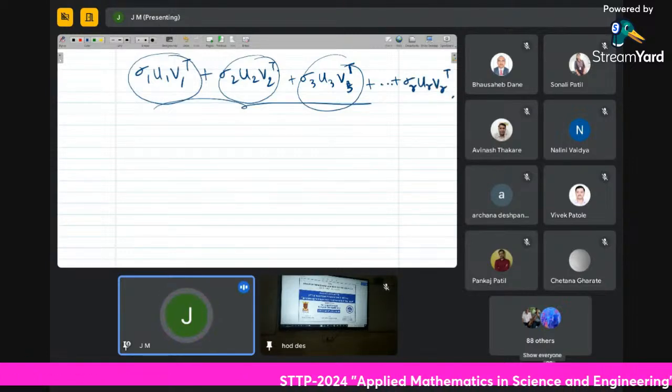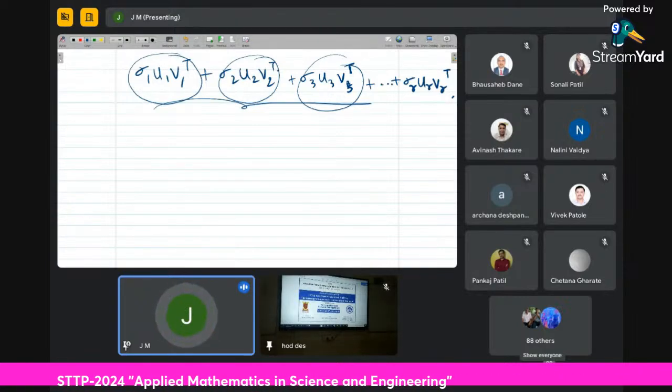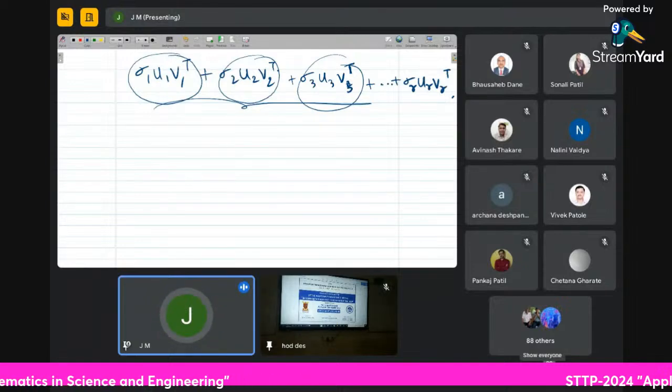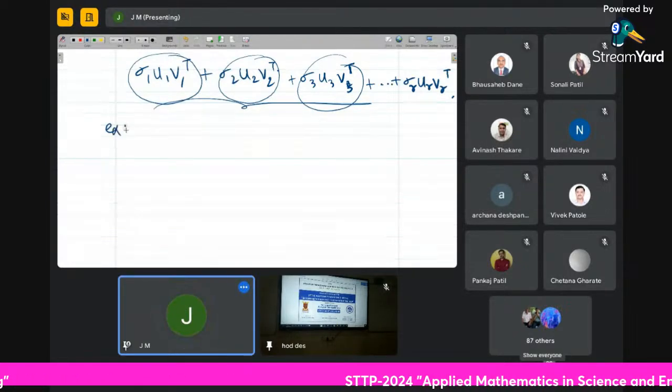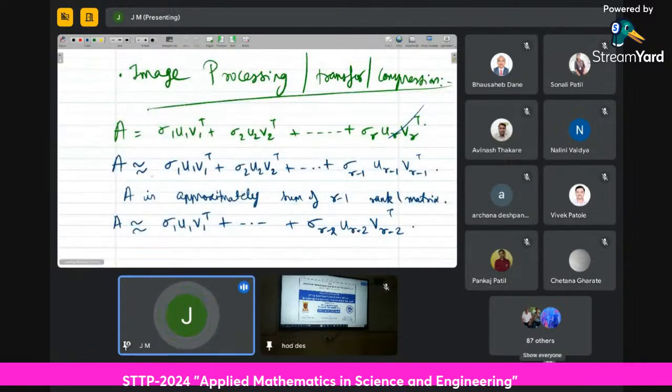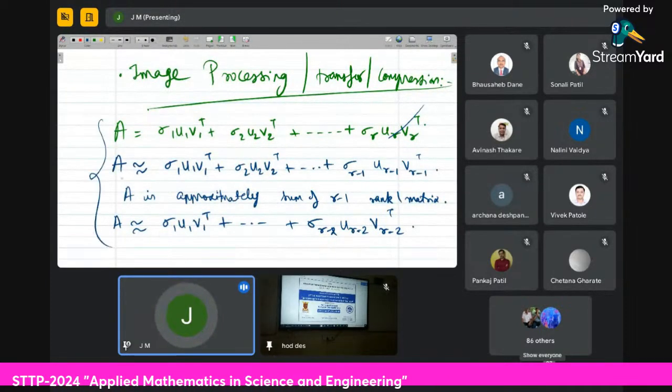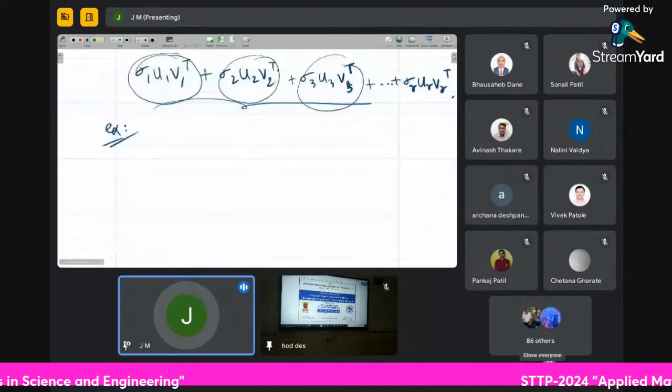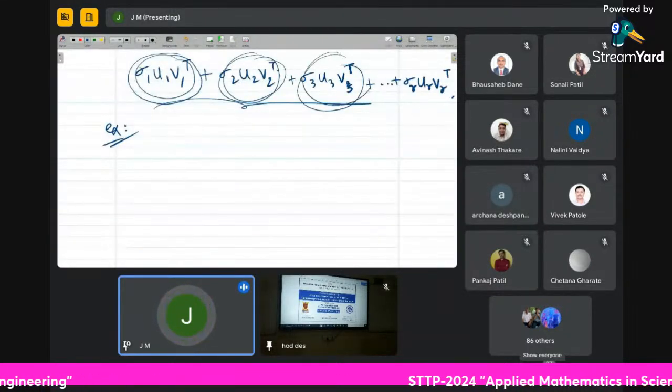Okay, and that's what happens when a satellite sends an image to Earth. Just keep this idea in mind. One can always approximate, or one can send the data in packets.